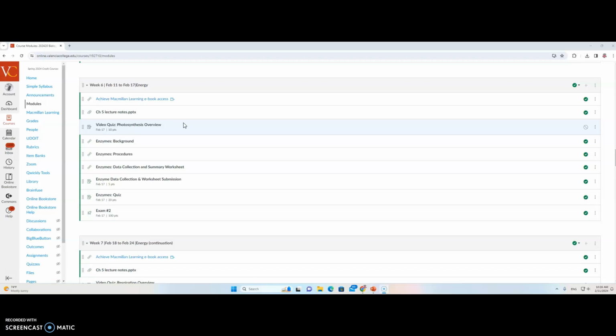So you are going to be learning photosynthesis in this module, and I'm going to go over the key points. But on the virtual lab for this module, you will also learn about enzymes. If you remember when we talked about biological molecules, enzymes are proteins, so they have all the characteristics of a protein and work like proteins.